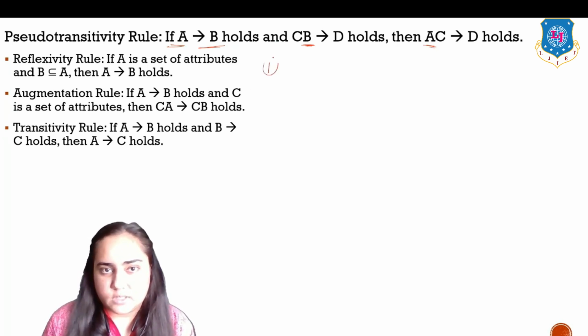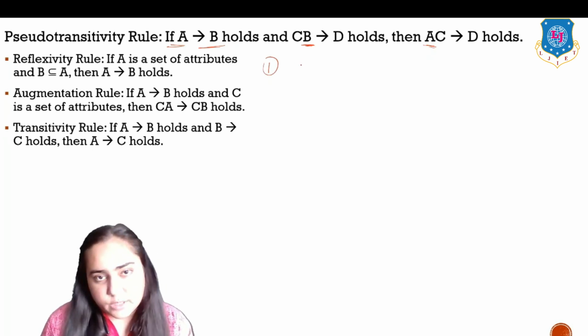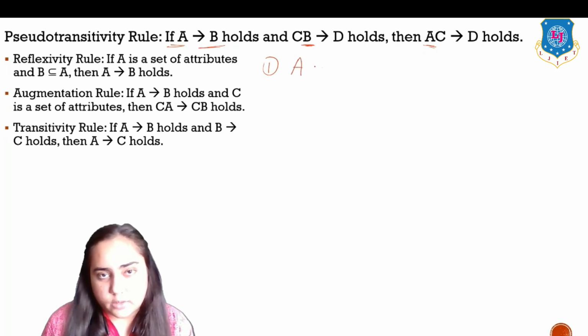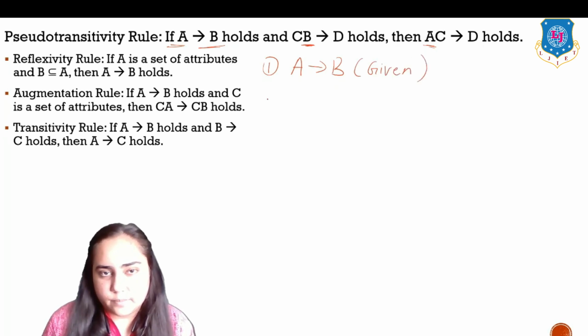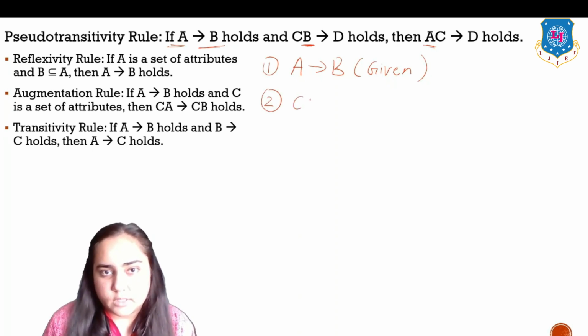So the first step, as usual, is going to be writing what I already have, which is A determines B. And we can write that this is given. As a second step, I'm going to write CB determines D, which also is given to us.